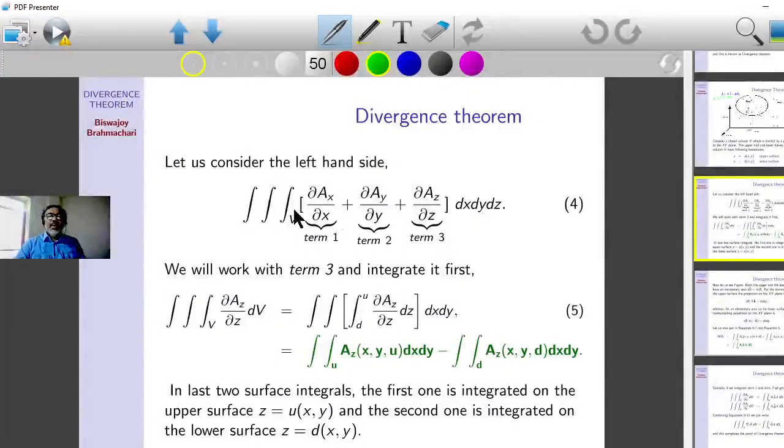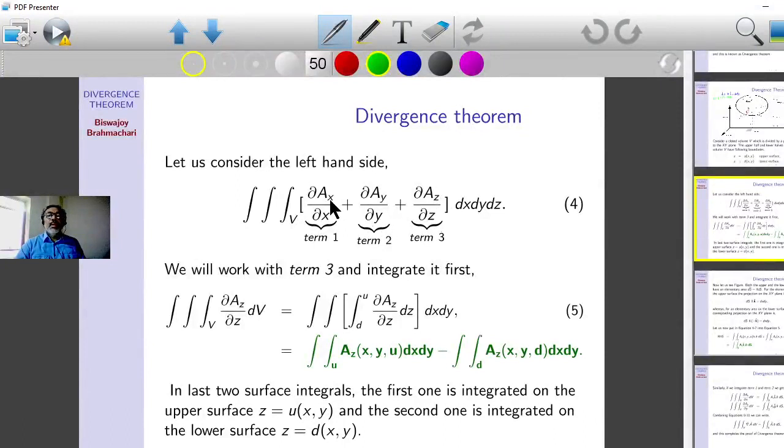On the left hand side, the divergence of A has three terms: the partial derivative of Ax with respect to x, the partial derivative of Ay with respect to y, and the partial derivative of Az with respect to z.